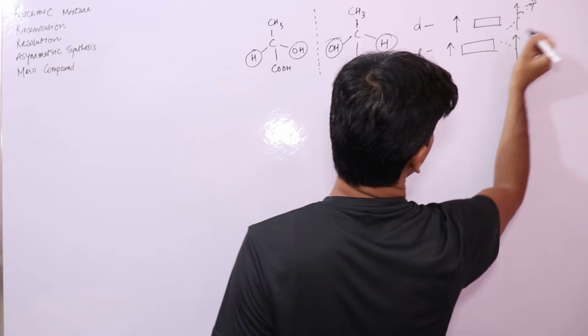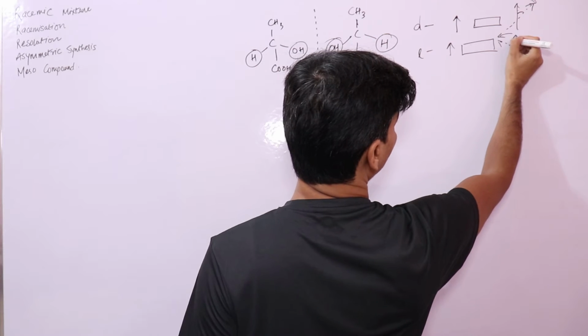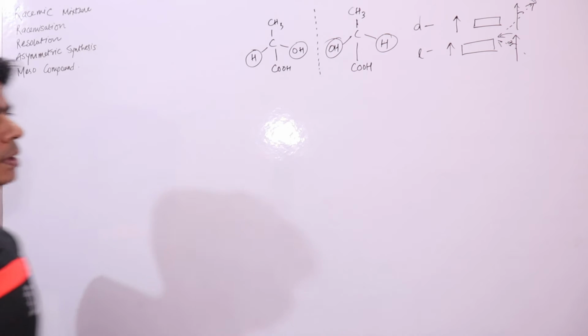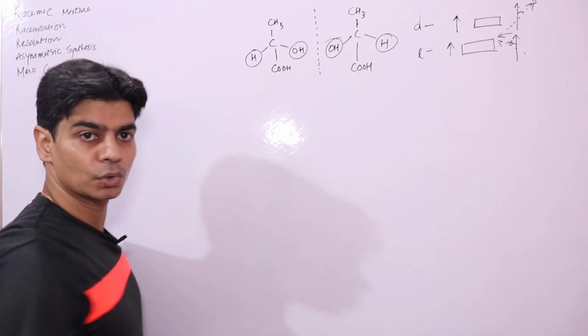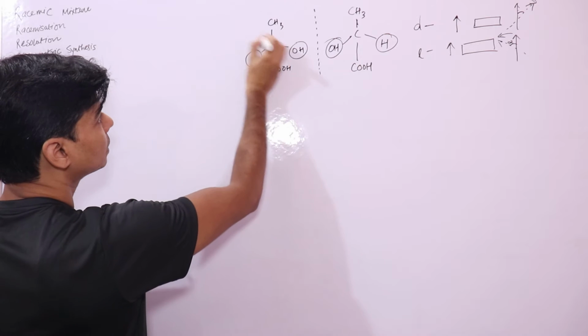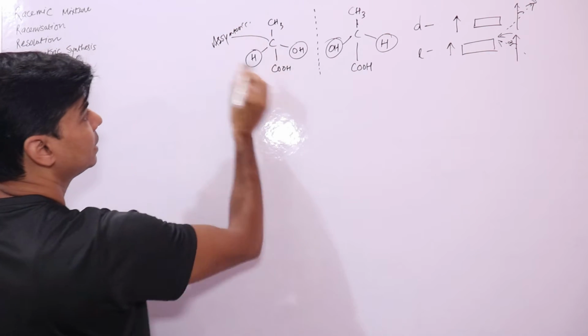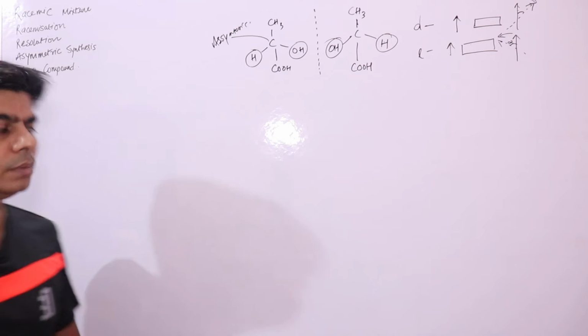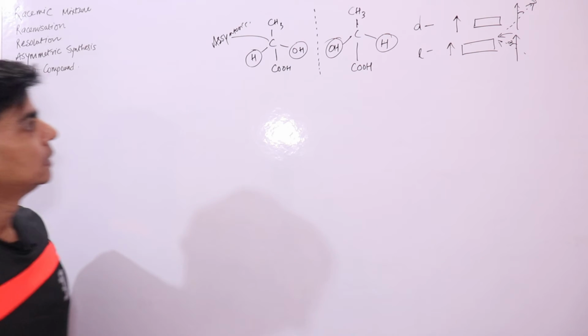It will rotate it by an angle, which is the angle of rotation, right? So these are optical isomers, non-superimposable mirror images, right? Carbon atom is asymmetric, and this molecule is a chiral molecule because carbon is connected to 4 different groups, right?